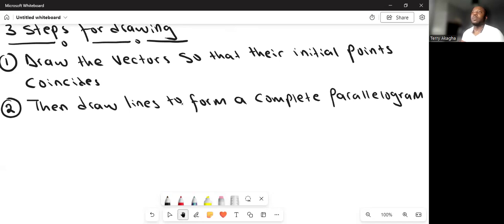Then number 3, the diagonal from the initial point to the opposite vertex of the parallelogram is going to be the resultant.